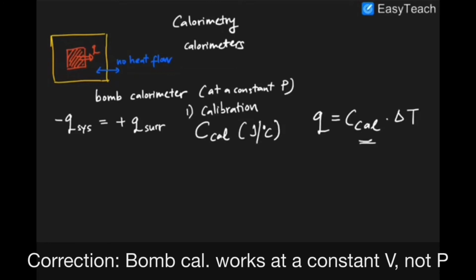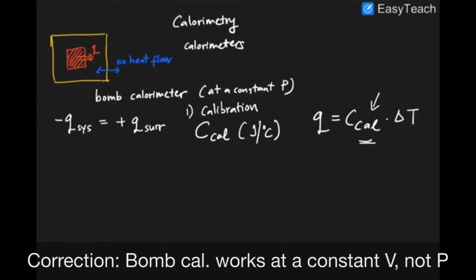In the case of a bomb calorimeter, like we see in this diagram, the calorimeter constant is largely attributable to the water that surrounds the bomb. It also includes the heat capacities of the thermometer, the stirring system, and the bomb itself, so we do not have to multiply it with any mass or any mole.